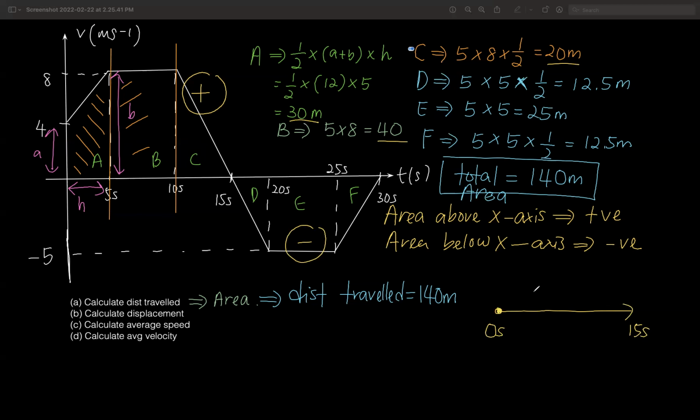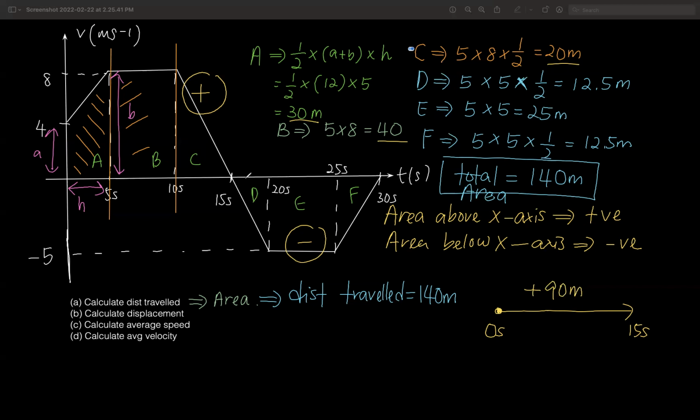Let's say to the right. Then you add up the 30, 40, and 20, 90 meter. It is having a positive displacement of 90.